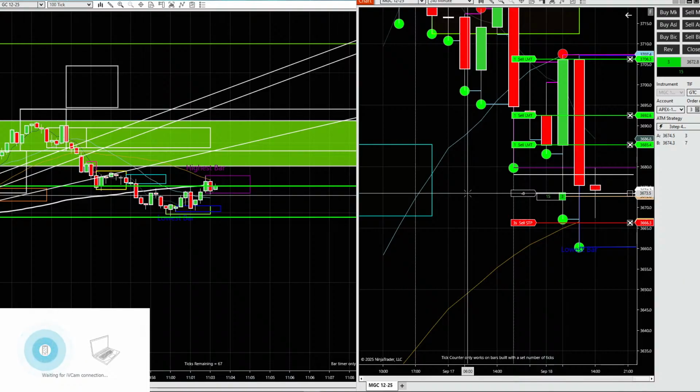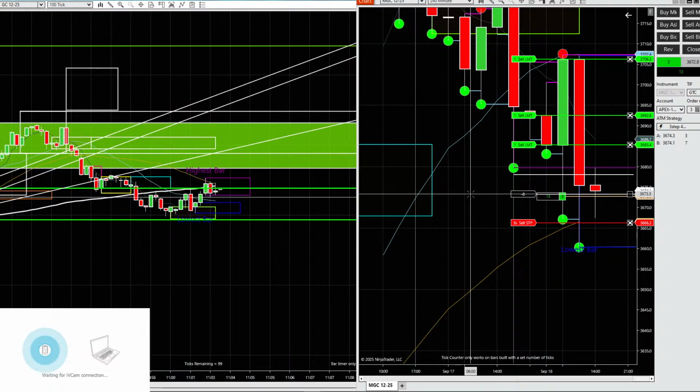But again, the wick on the other one went higher than the other one, so who knows. Okay, grabbing liquidity and coming down. Probably popping liquidity here and going up.